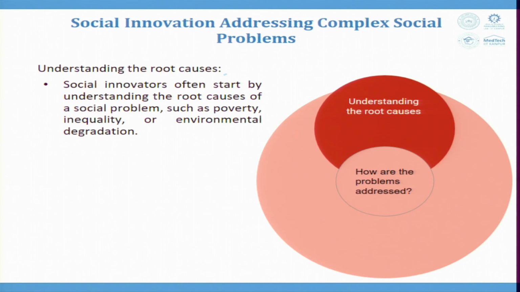So, understanding the root causes, the social innovators often start by understanding the root causes of a social problem such as poverty, inequality and environmental degradation. These are some, but these are very important. So, we have to look at poverty. Why is a boy or a girl at the age of 15 involved in a lot of illegal activities?